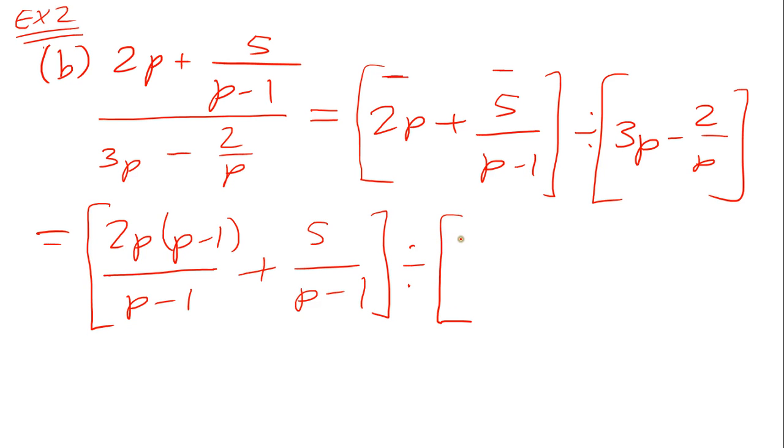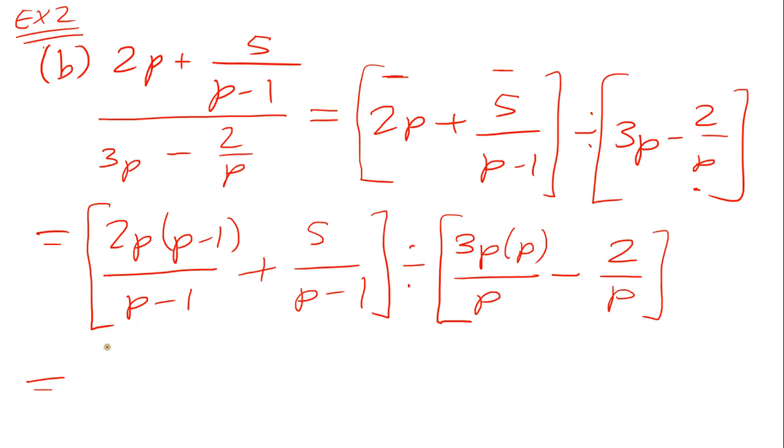So 3p, our common denominator is going to be p, so we do 3p times p over p, so that p divided by p is 1, and we just get 3p. And this already has a p as a denominator.